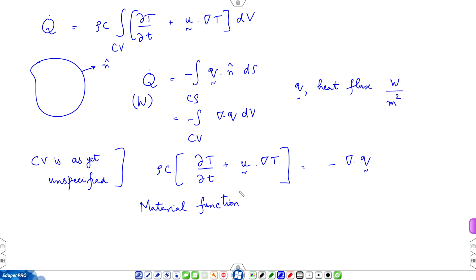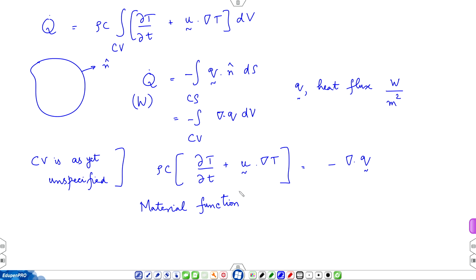But then, like in the momentum equation, we said many commonly encountered materials follow a linear stress strain rate relationship. With that, we went for the Newtonian fluid approximation. Okay. Not that every fluid is Newtonian, but a very large proportion of fluids are Newtonian.